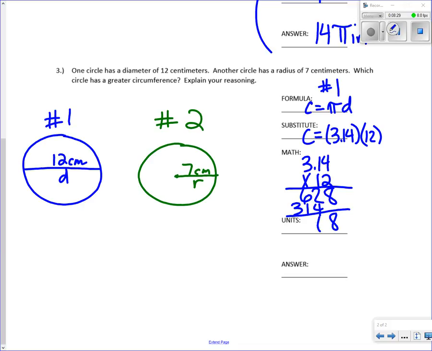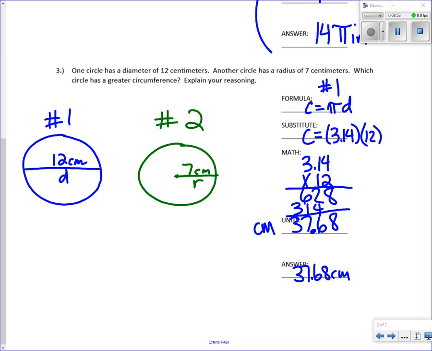Writing too big. Okay, I have my 2 decimals up here I need to put in. So I have 37 and 68 hundredths. My units are centimeters. Sorry, I'm out of room. So my answer is 37.68 centimeters for our number 1.